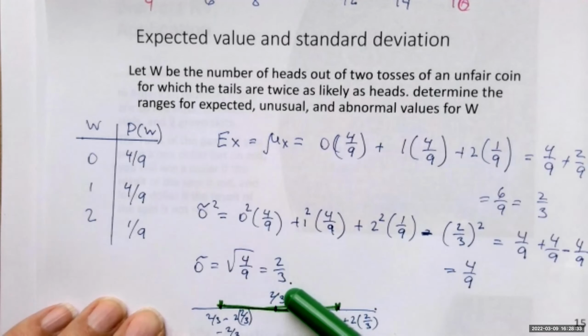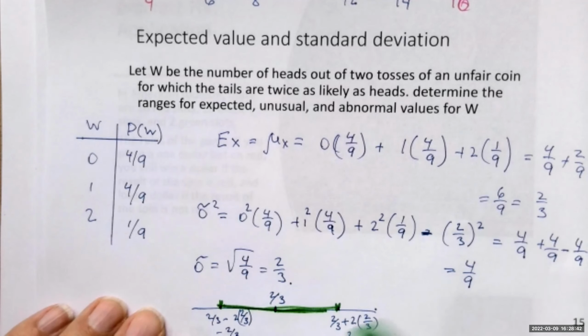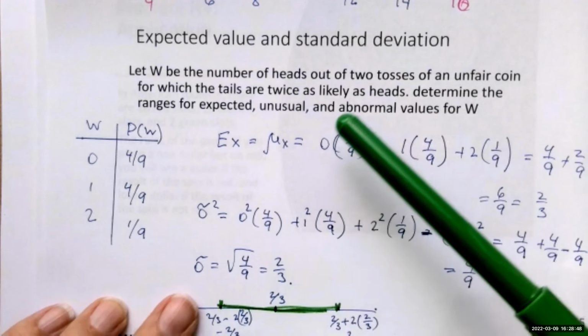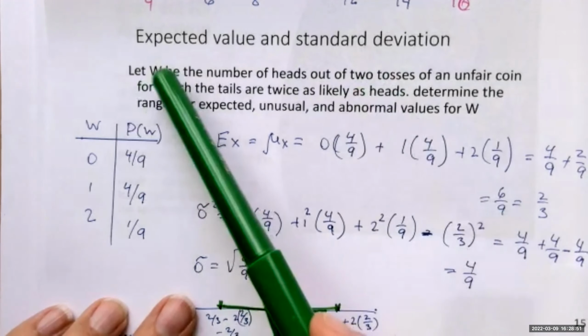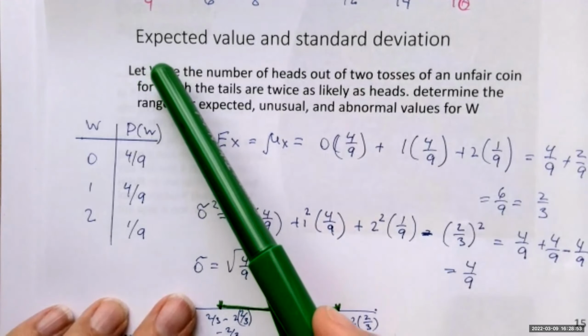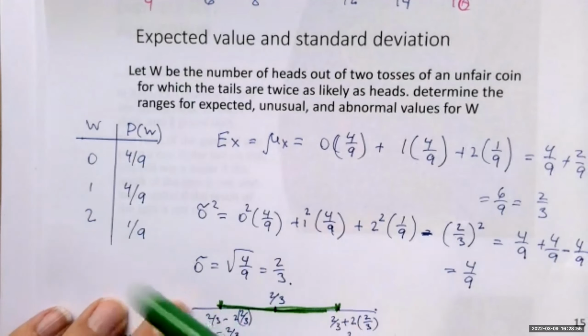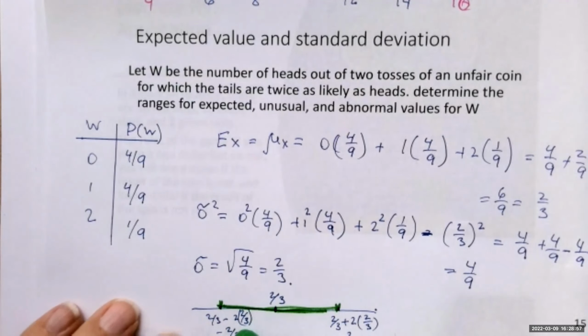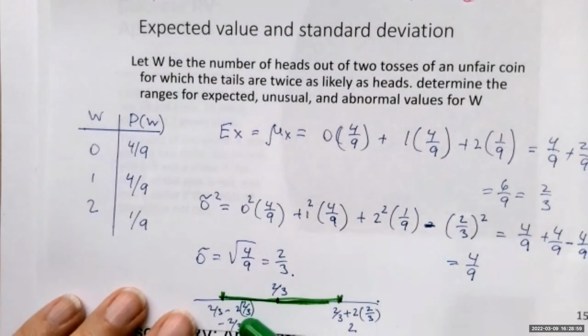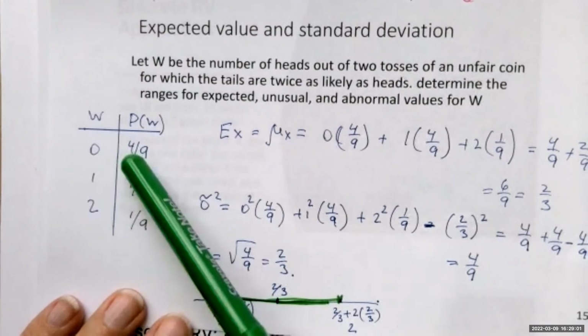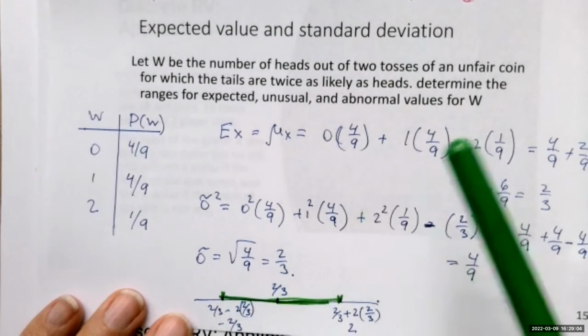That means that 2 times out of 3, in the long run, if you continue flipping the coin, on average you're going to have heads, right? Now, since the variable W only takes on non-negative values, this negative 2/3 doesn't make much sense in the context of the problem.